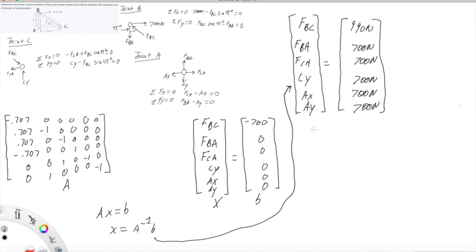So we're saying we assumed that they were in tension. Okay, so we would know if they weren't actually in tension and joint B wasn't under compression, then we wouldn't have all positive values at the end. So we would know, okay, we got something wrong in our free body diagrams because some of these are negative. So since they're all positive, that's it for this problem.